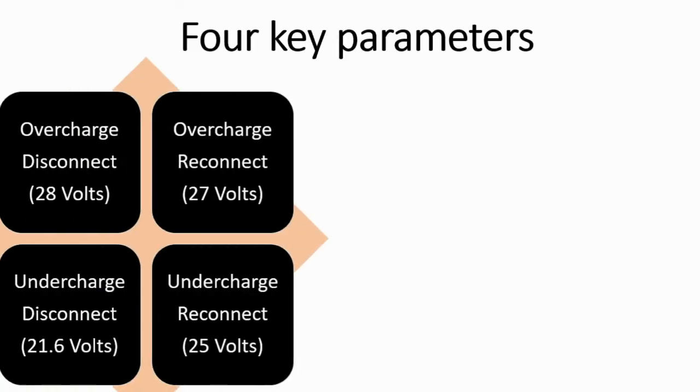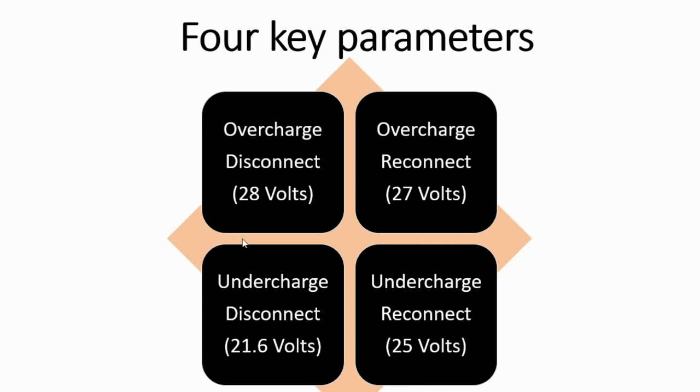Every charge controller has 4 parameters. You should know about these parameters because every charge controller will work according to them. Let me show you. If the charging voltage goes above 28 volts, then the charge controller will disconnect the battery from the solar panel.